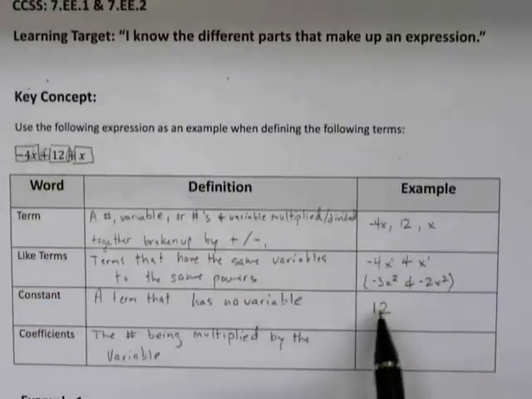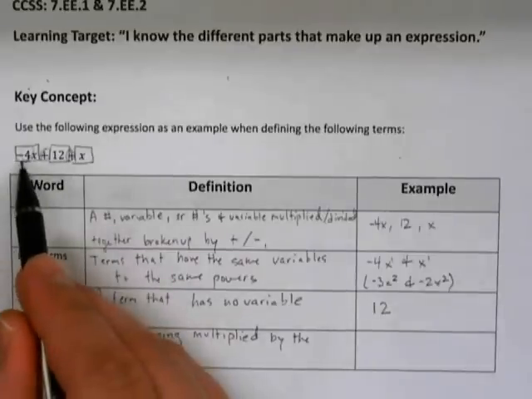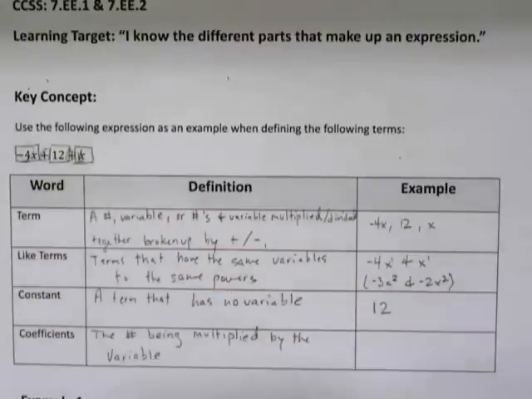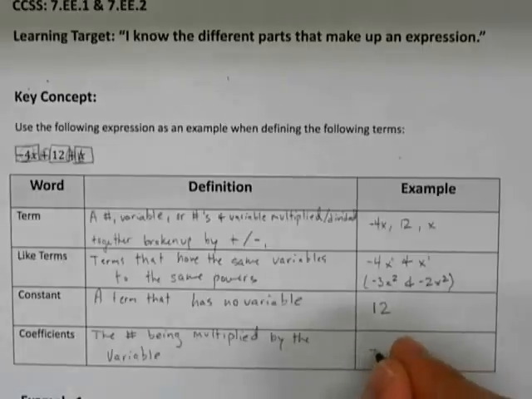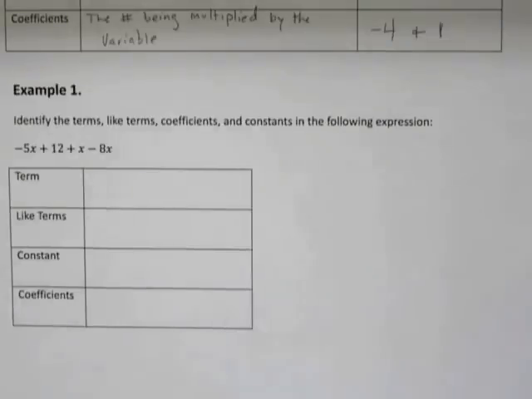We have negative 4 before the x, and then we actually have a 1x, which could be rewritten as 1x without writing the 1. So our coefficients are negative 4 and 1. Those are the four words we're describing today. So let's do an example now.